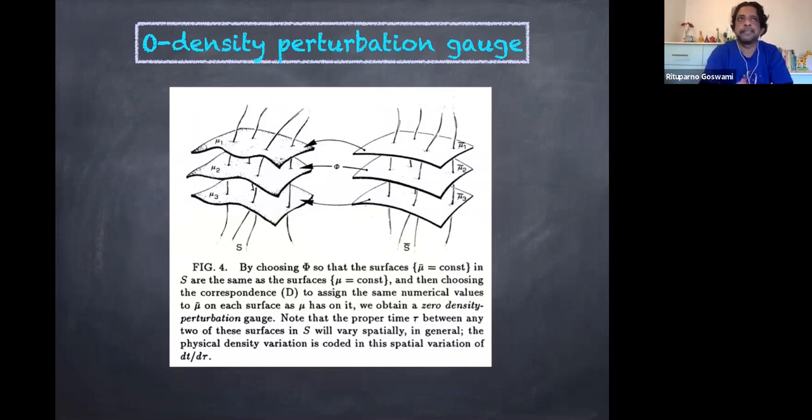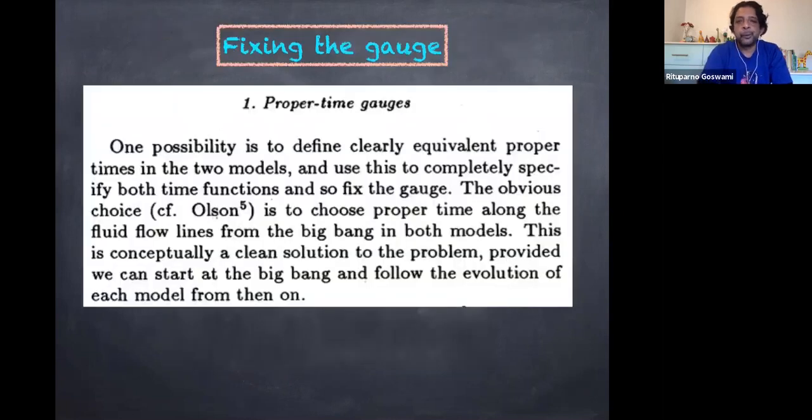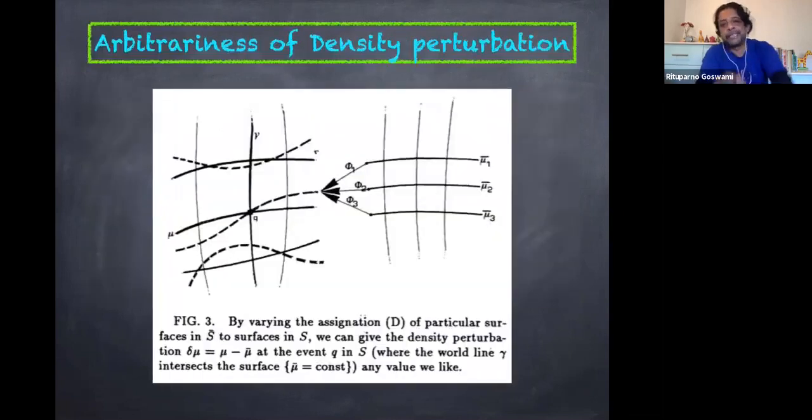The realistic universe has lumpy densities. So where do those inhomogeneities come in? Well, the inhomogeneity is now coming in from the proper time. As I just said, for a point Q, we can define a proper time which makes the delta mu zero throughout.